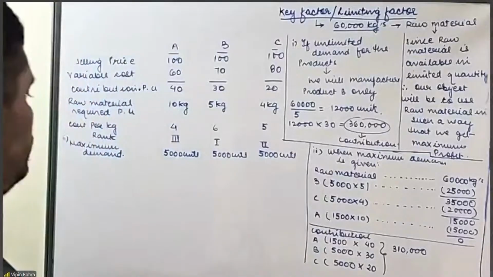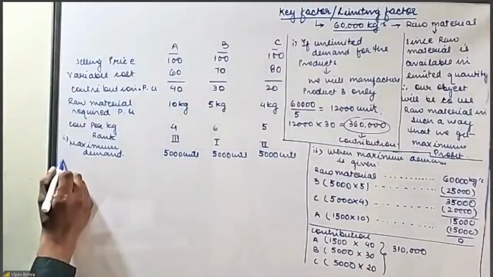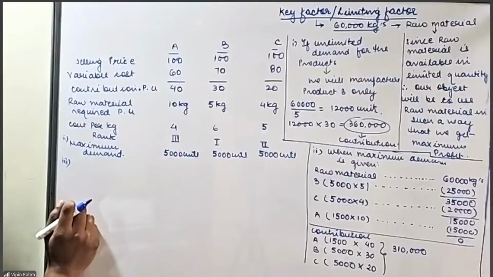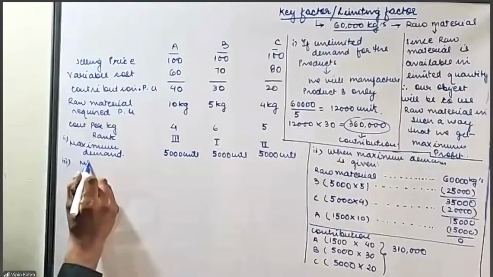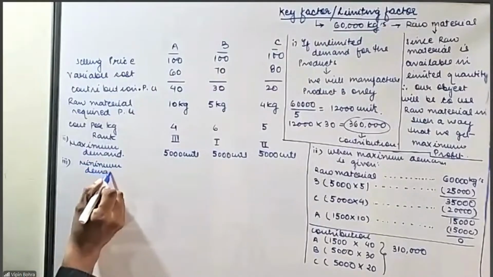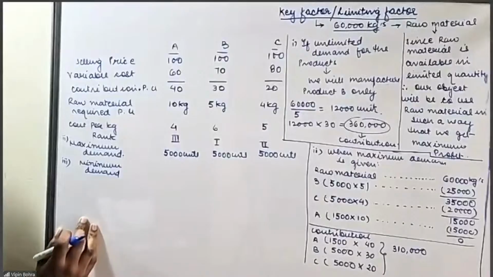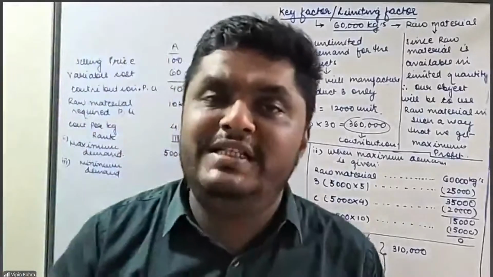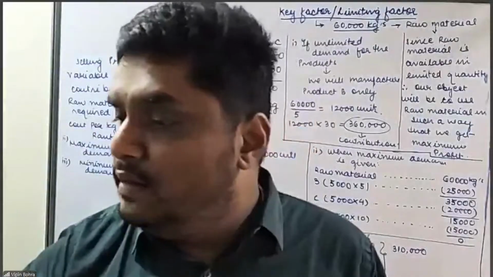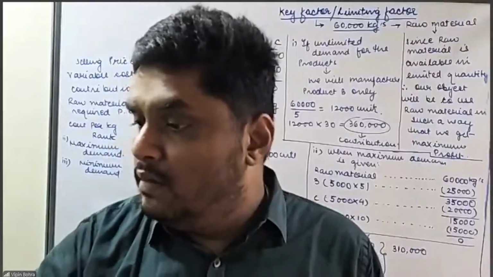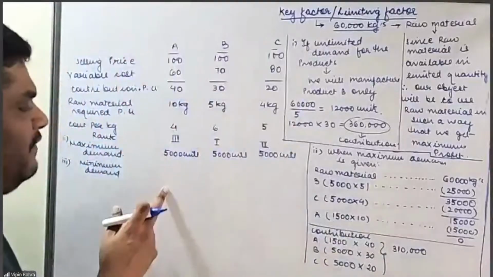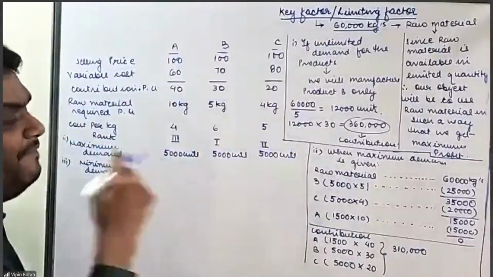Now let's take one more situation wherein maximum demand is also given and minimum demand is also given. It means the maximum units we can manufacture of a particular product is 5,000.